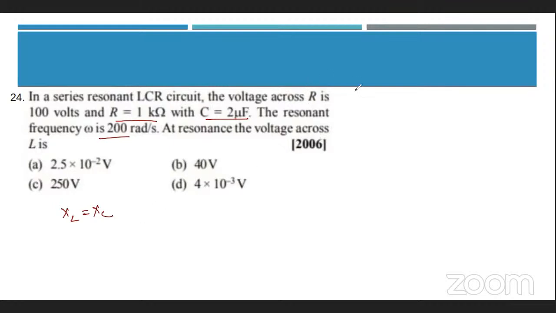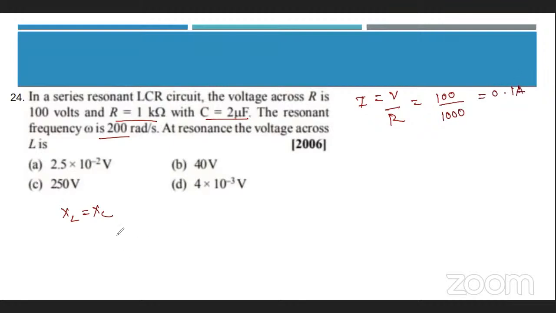I can use the first formula to find I is equal to V by R. V is given as 100 and R is 1 kilo ohm, so it is 1000. Basically current becomes 0.1 ampere.